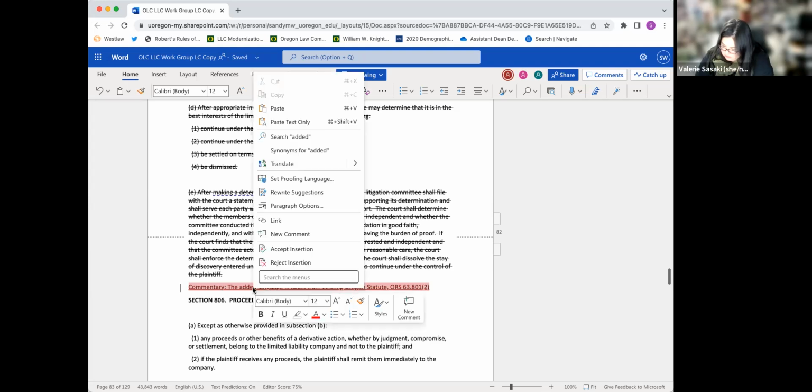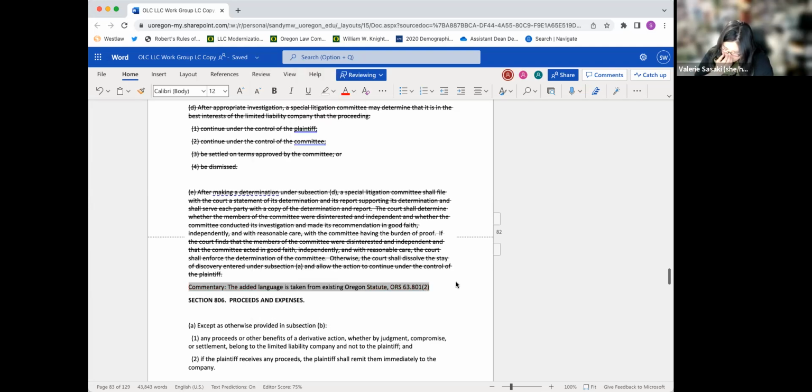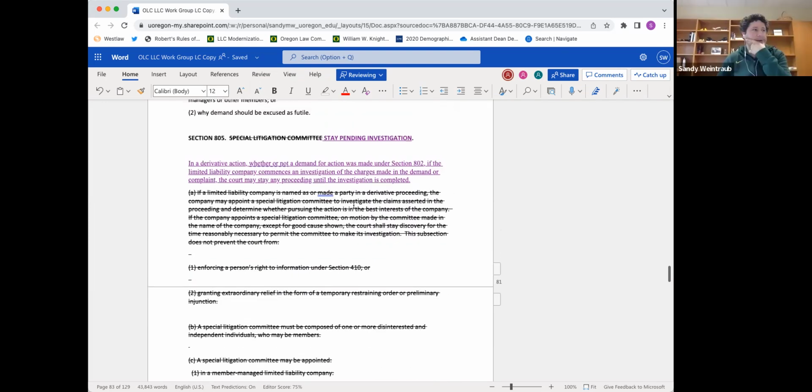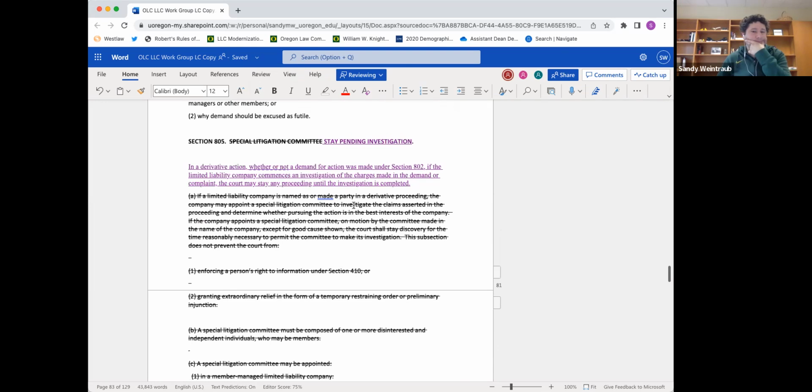They may have changed. No, Sandy, go back up to that language, please. Got it. Derivative action, whether or not a demand is made under 802. That's the investigation. Yeah, it's the second sentence of ORS 63-801 sub 2. A very long paragraph. Okay, yeah, there it is.